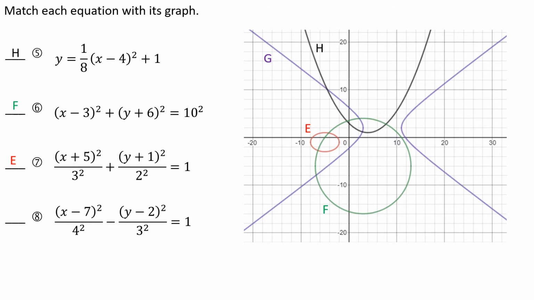The y -2 tells me the y coordinate of the center should be 2. It should be centered at 7, 2. And if I look at that hyperbola and try to figure out, okay, what's halfway between those two vertices? Well, it looks like 7, 2 would be correct. So that has to be the last of our matches.